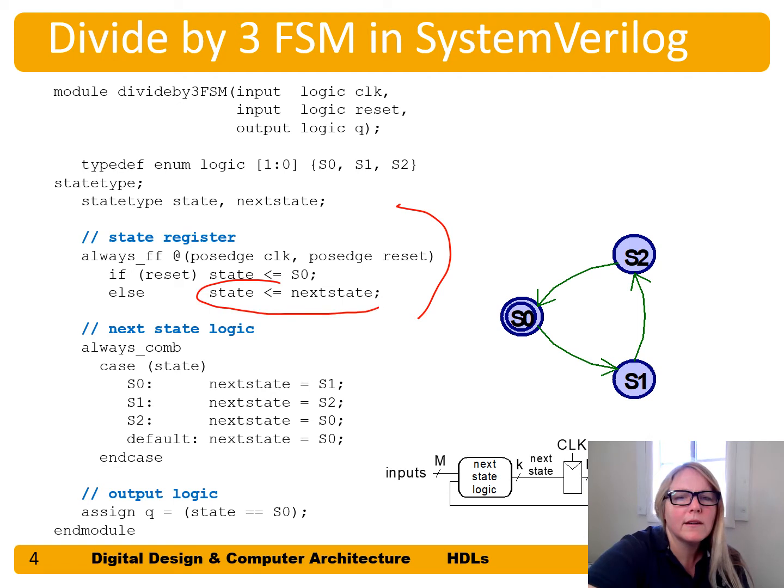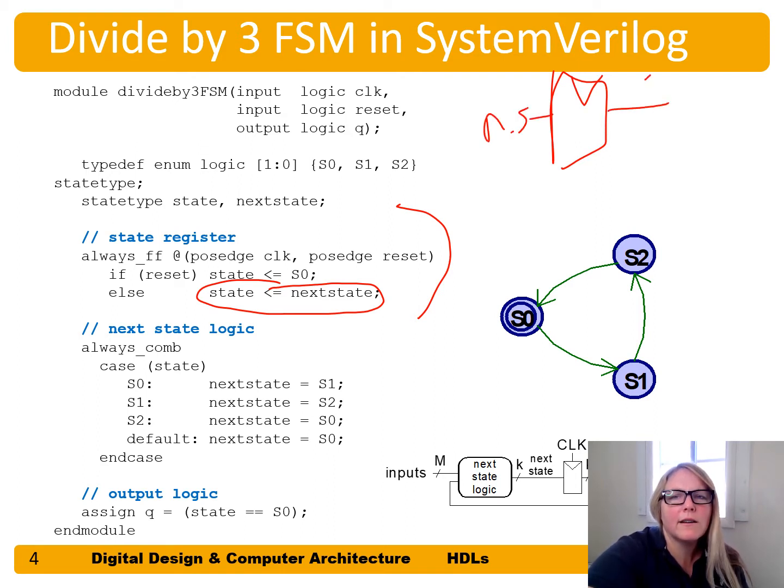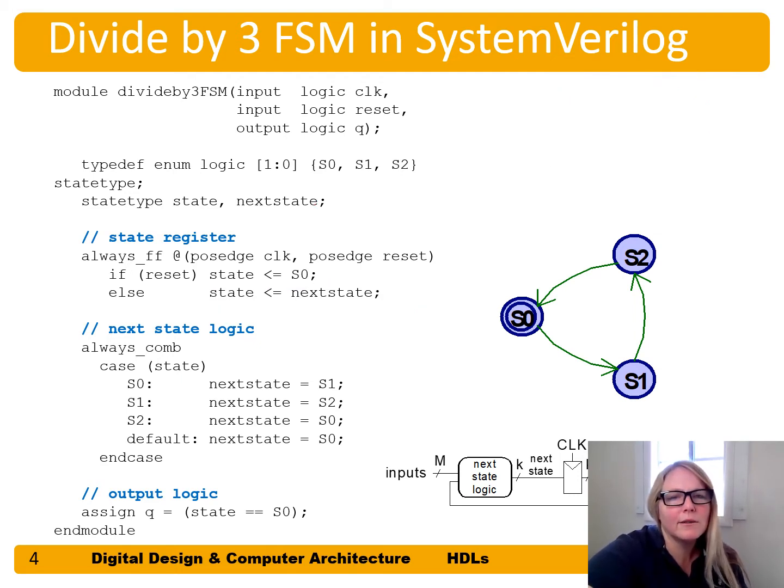So if it's not in reset, state gets next state. Right, so here we have our next state on the left and our current state on the right. And the current state, which we just call state in this case, gets the next state at the rising clock edge as long as reset is low.